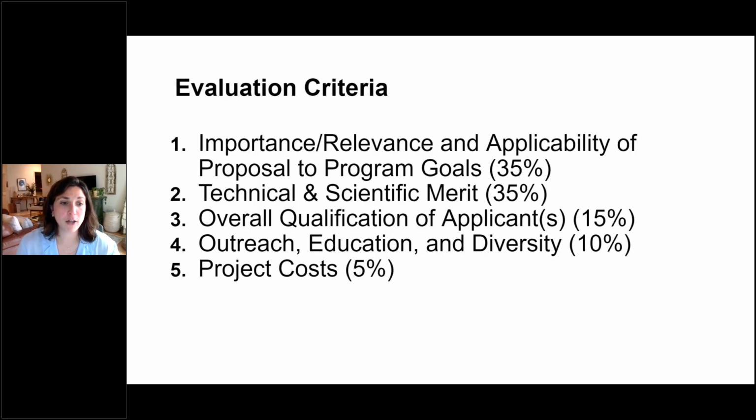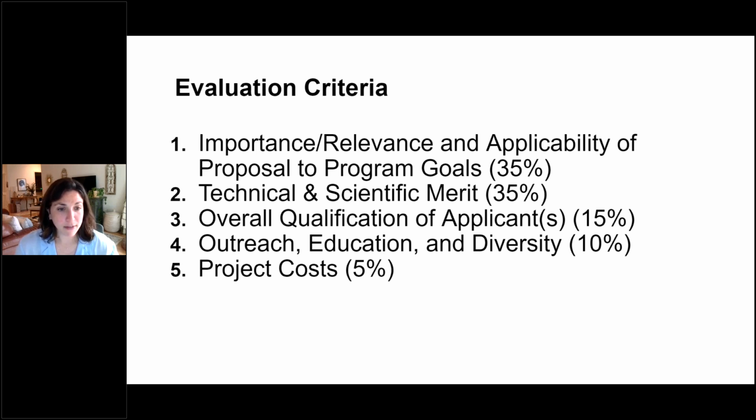In terms of how we are scoring proposals, there are 5 criteria that we are looking at. I'll go into each of these in more depth, but just to go over all of them first. Number 1 is importance and relevance and applicability of the proposal to program goals. This is weighted at 35%.